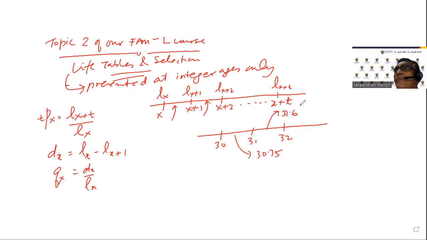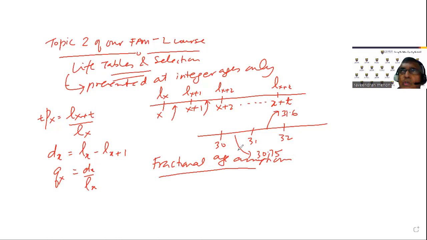We want to be working out probabilities, etc., for ages 30.6, 30.75, and so on. How do we do those things? We will cover that in this chapter under something called fractional age assumptions. So how do we do those things?